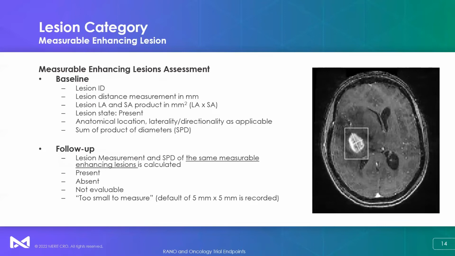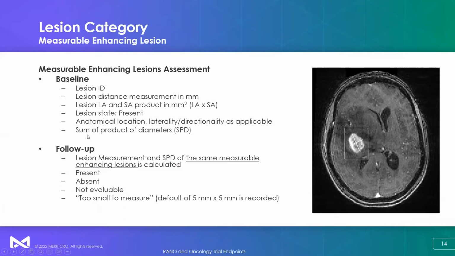And then the assessment of the measurable enhancing lesions would occur this way. At the baseline, annotation with the lesion ID will be given to the particular target lesion. And then we'll be recording the long axis and short axis, and also the product of the long axis and short axis, recording lesion state, anatomical location, laterality, and directionality as applicable.